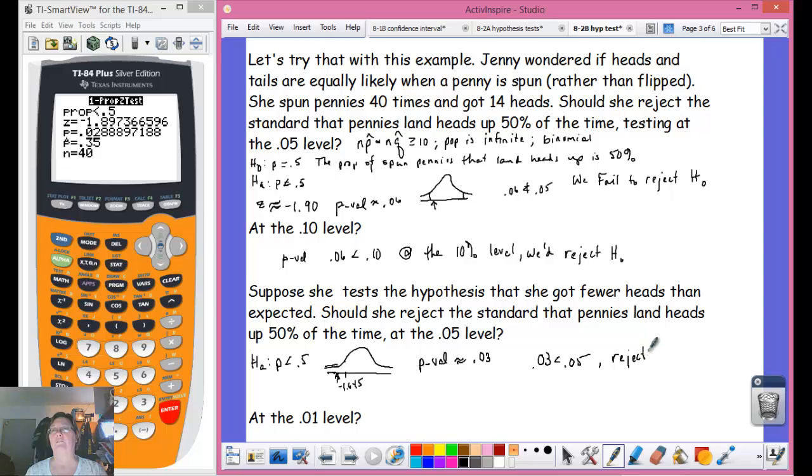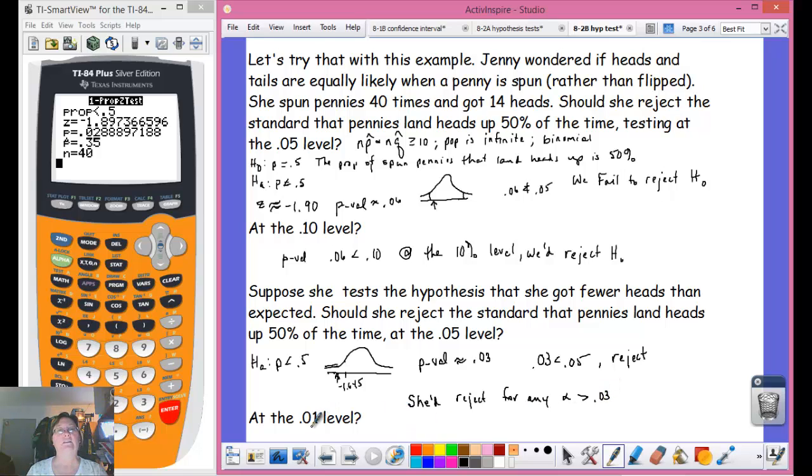But you can be more strong than that. You can say she'd reject at any value of alpha that's greater than 0.03. Right? That's the p-value test.